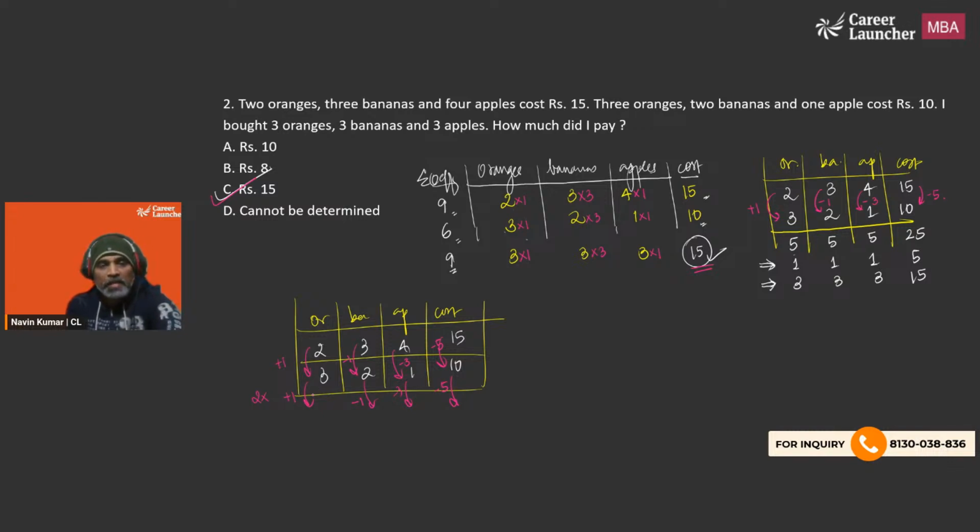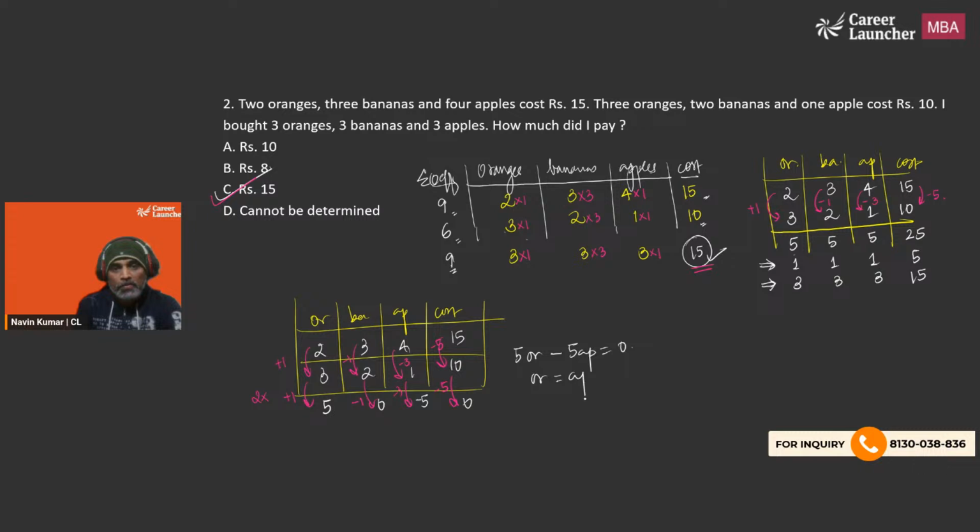So 2 plus 1 is going to give us, 2 plus 3 is going to give us a 5. 2 into minus 2 plus minus 2 will give us a 0, so no bananas. 1 minus 6 is going to give us a minus 5, and 10 minus 10 is going to give us a 0.